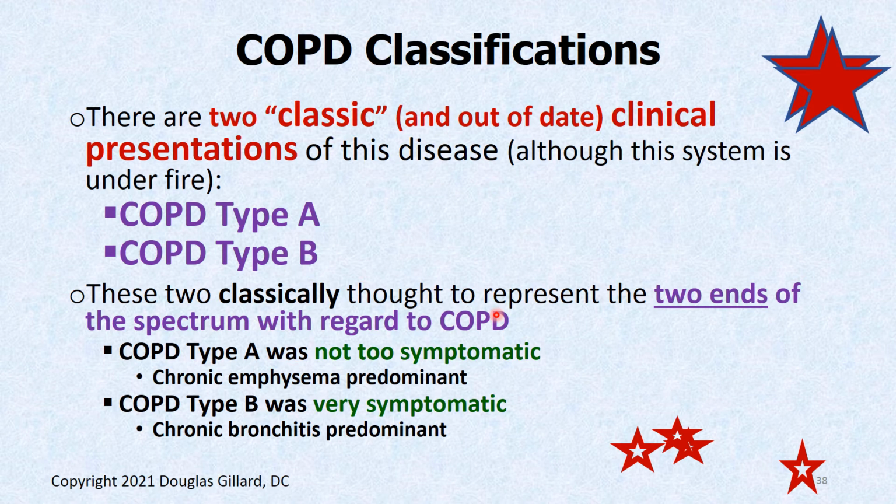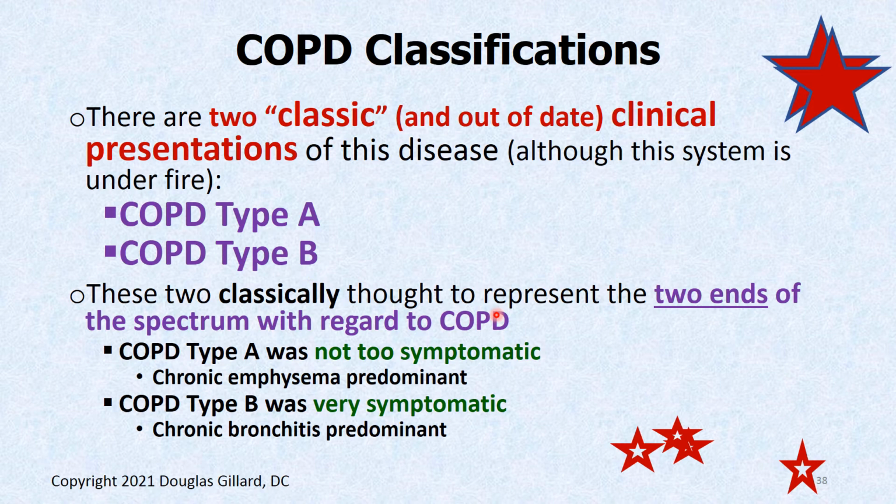There are two classic ways to classify this disease. I don't like them. The medical texts don't acknowledge them anymore, but Robbins and Rubens still use them, and that's what chiropractors use, so I have to cover them. They are COPD type A and COPD type B. Originally COPD type A was thought to be not too bad, you weren't going to die from it, and COPD type B was very bad, you're going to die from this.